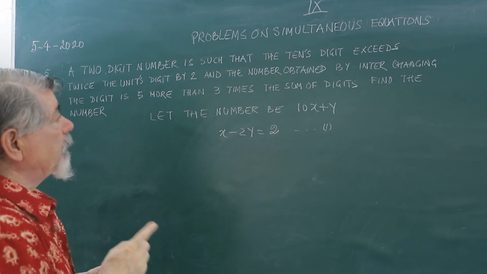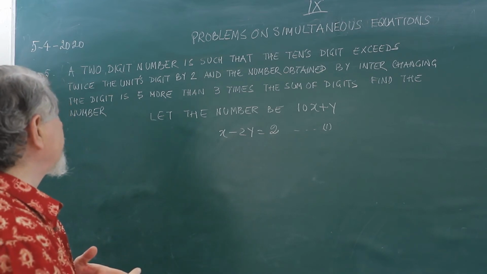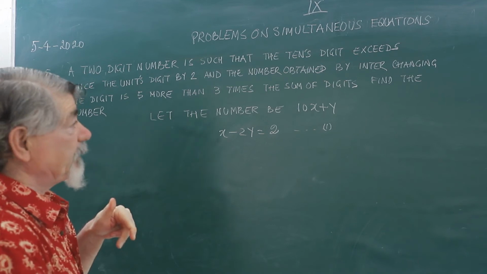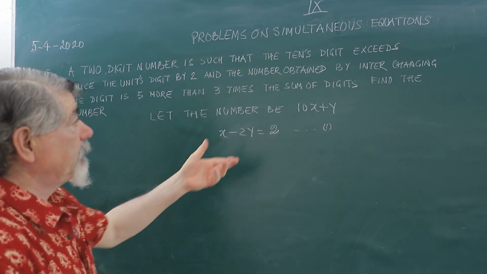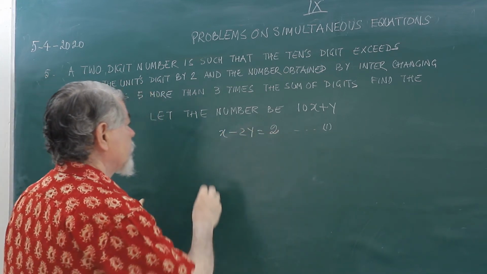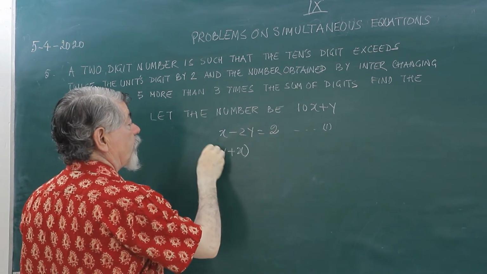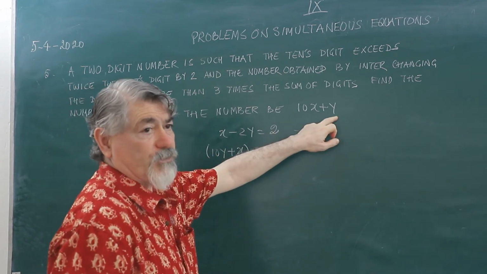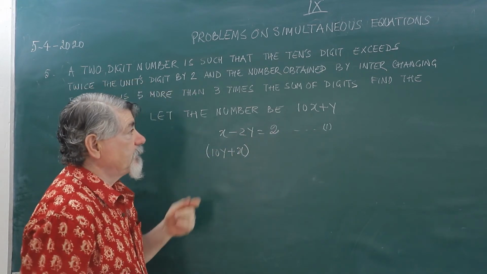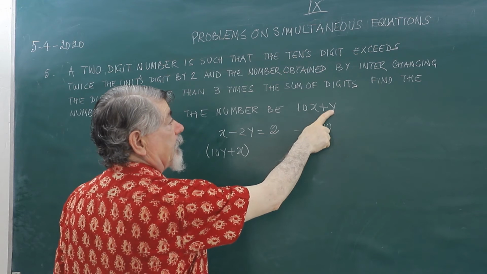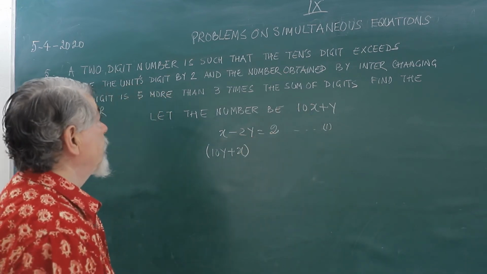Now it says the number obtained by interchanging the digits. Interchanging the digits means reversing the digits. So 10y plus x. The original number was 10x plus y. Now we interchange the digits: in place of x I put y, in place of y I put x.